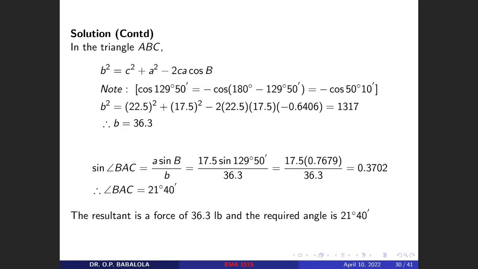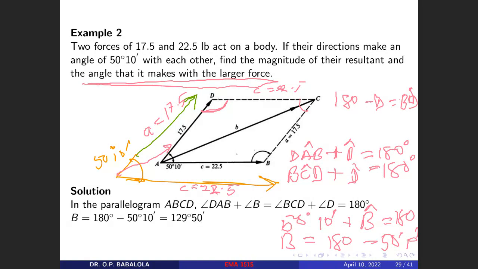So we still need to find the magnitude. Remember we have two questions here.